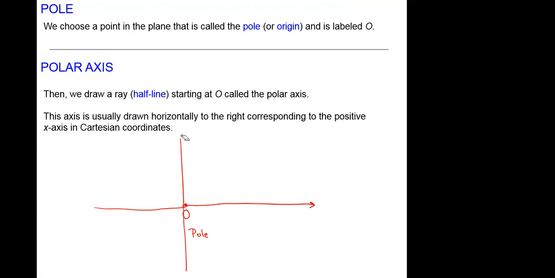But we don't really have y. We will make the connection between x, y, and the polar coordinates, but that's later. For the polar coordinates, we need a reference point, like an origin, the pole, and we need a starting line, which we will call the polar axis, the positive part of the x-axis.